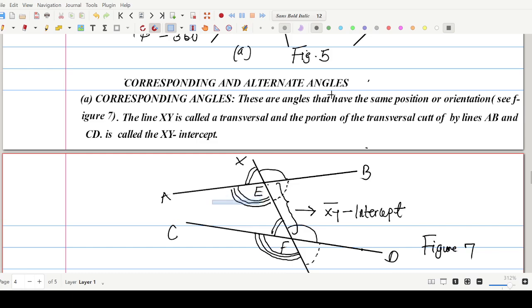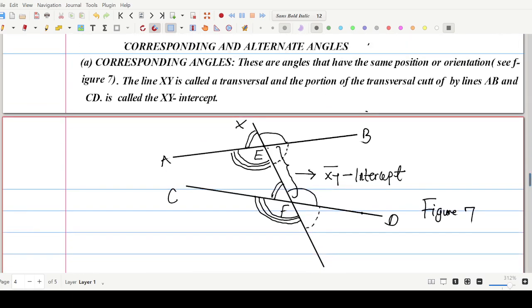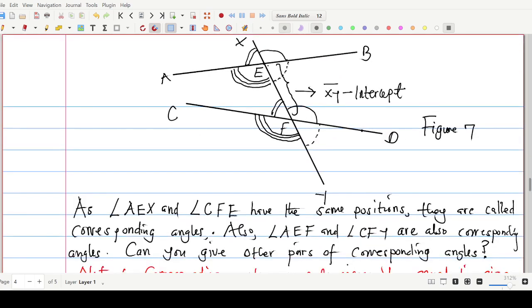Let me scroll up to see what is there. All right. Angle CFY. Can you see that? So this angle you see here and this angle, they're having the same position. Because of that, we call them corresponding angles.